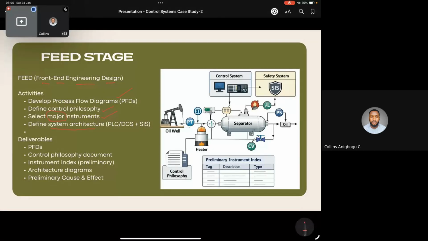Process engineers, most of them have a chemical engineering background. And they are the ones that will be able to tell us that this crude must be maintained at X amount of pressure or temperature, right? And how it must flow, the rate of flow, and whatever. So they will give you all of those parameters. So it is a team effort, right?